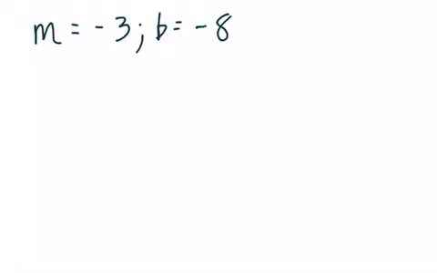I'll try one more of these. What would be our equation for this one? John Eisner. When you write the form y equals mx plus b, what's that going to look like?